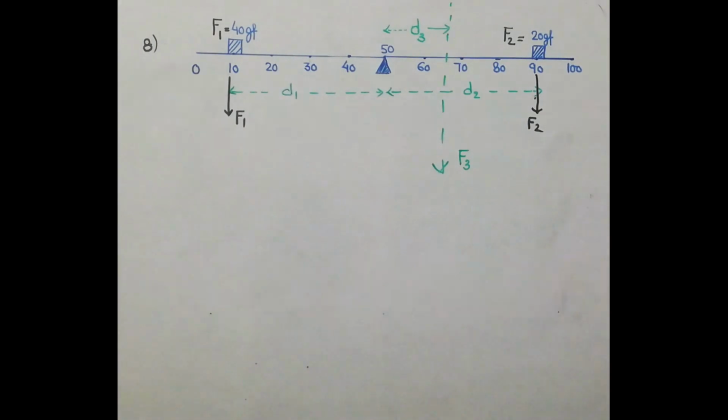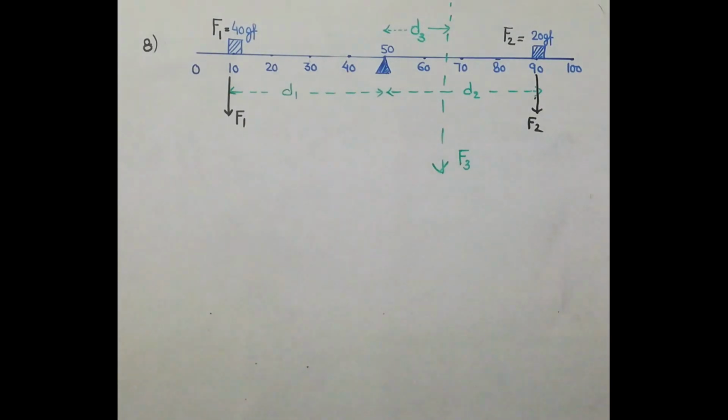That is why I have represented the third force on the right side with a dotted line, showing that we don't know the position. We know that it is to be placed on the right side, but at what position, that we don't know. So we have considered the distance of F3 to be D3.